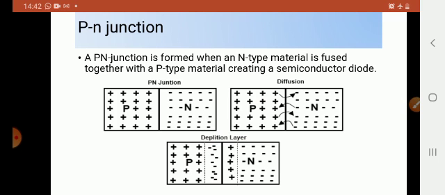Now, what is the use of a p-n junction? Why are we learning this?